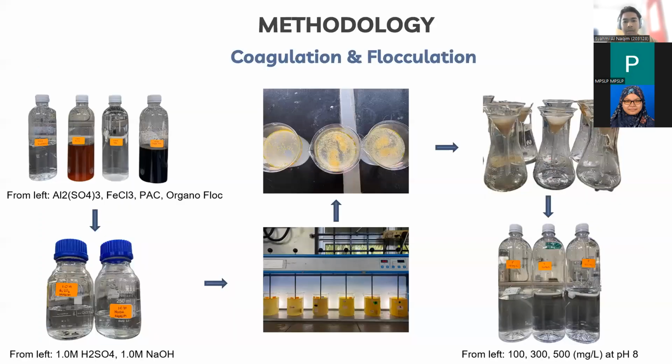Okay, this is the flow process of coagulation and flocculation. First, I will prepare the stock solution for the coagulant. I have 3 samples of coagulant and 1 flocculant. The 3 coagulants, from left, are aluminum sulfate, ferric chloride, and polyaluminum chloride, and the flocculation agent is organic floc.